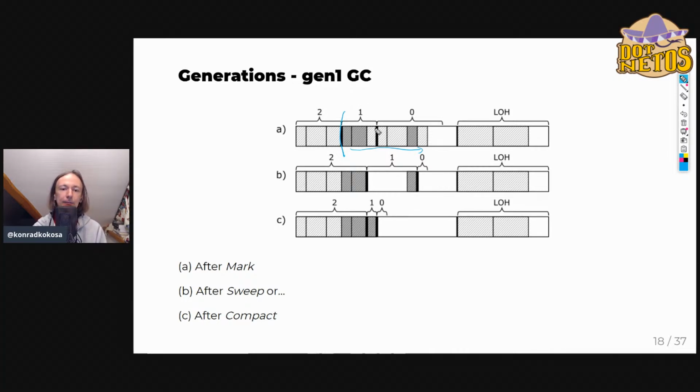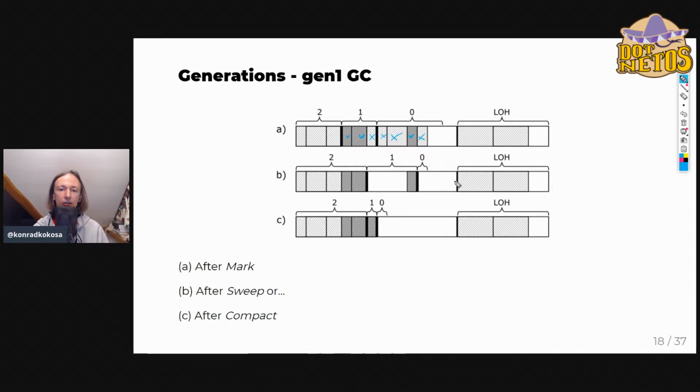So this line of objects and generations being next to each other from old to young is helpful here, because to garbage collect everything, we simply scan from the beginning to the end. Now, because we are in the Gen 1 GC, we are scanning Gen 1 and 0, so we will, for example, discover that those three objects are still reachable, and those should be garbage collected.